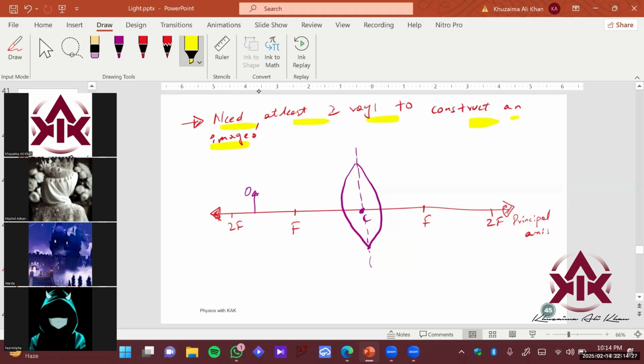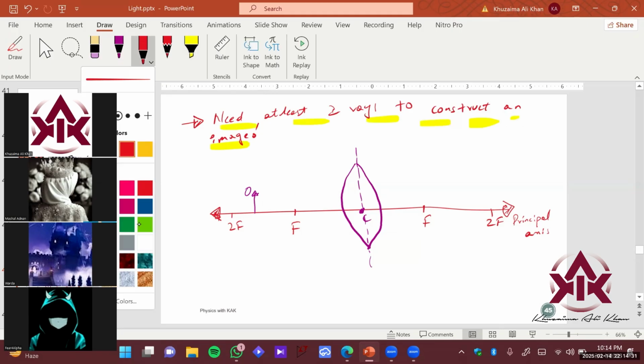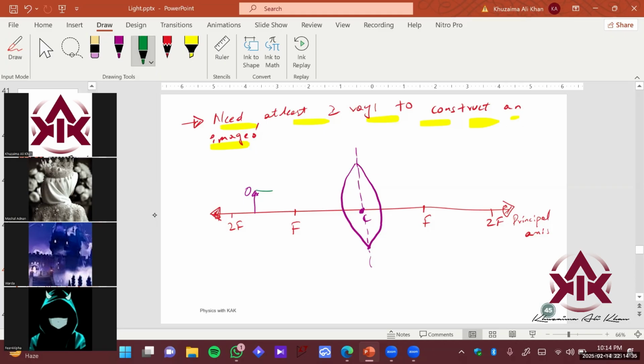The easier approach which I follow is as follows. The first ray is going to hit the lens straight, perpendicular to the center line, and it is going to cross the principal focus here. This is a ray, and then join them together. I drew a dotted line just to make sure it is straight.